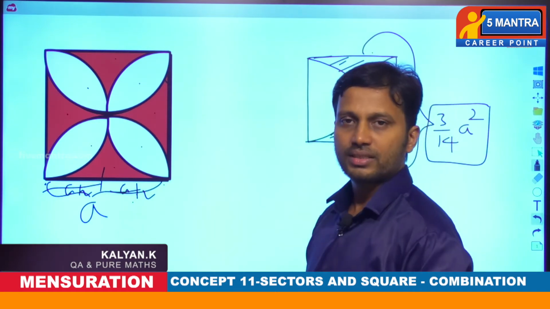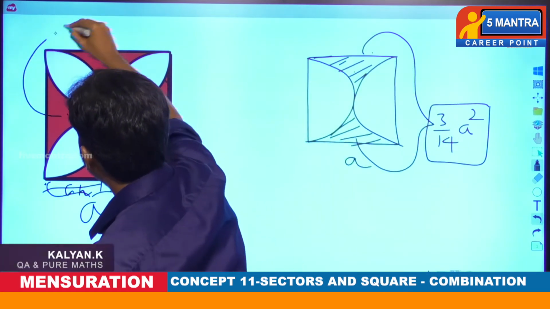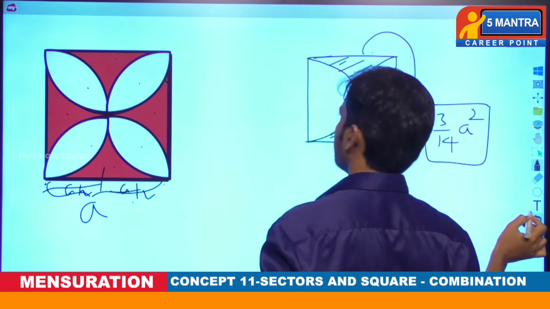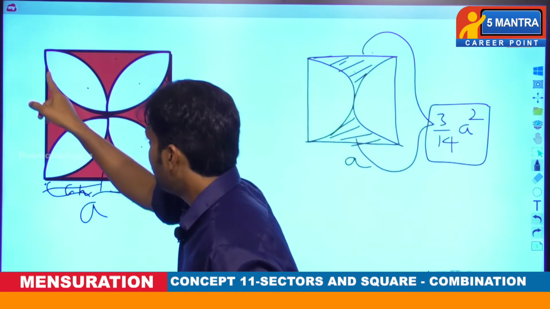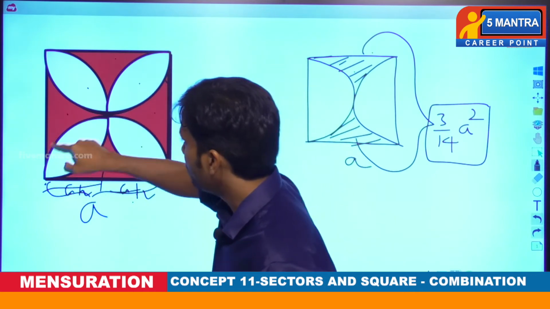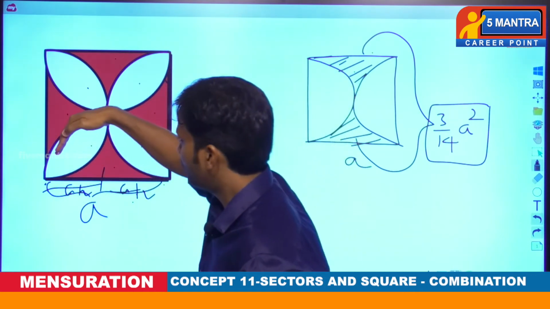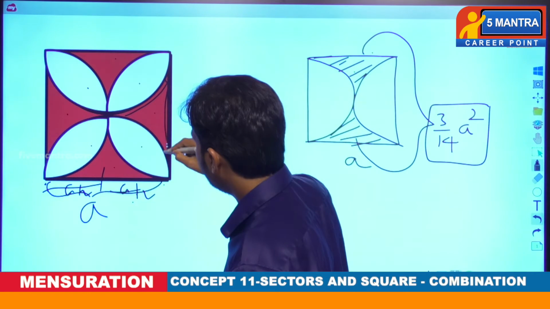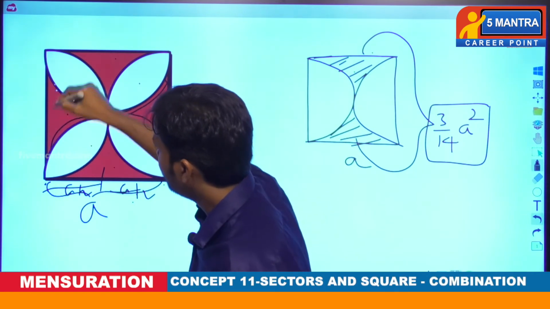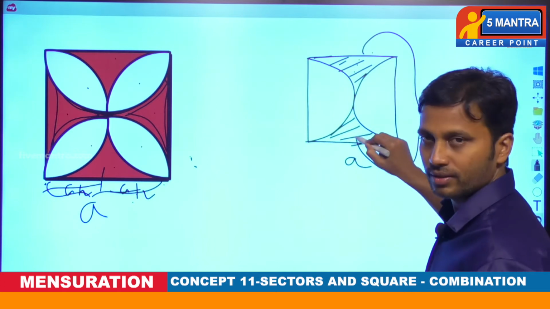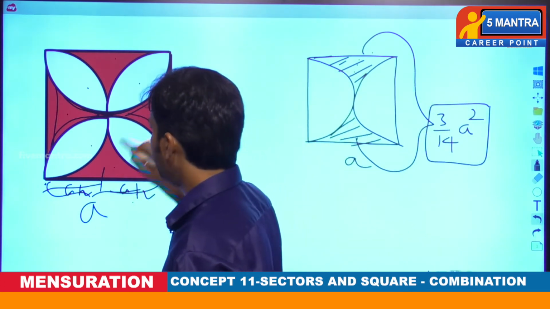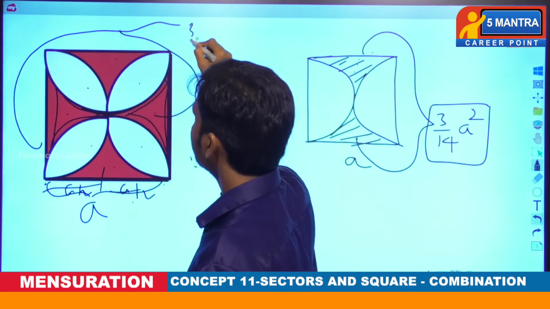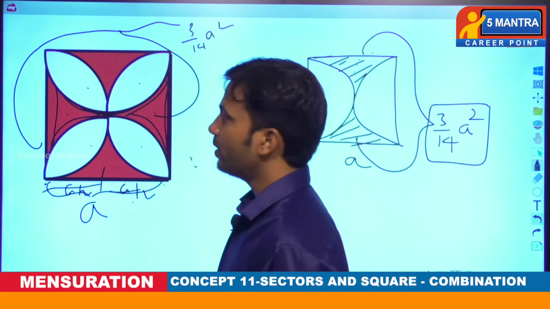According to this analysis, just see here, these two are two semicircles, this one and this one. These two gaps are looking like this. Here A is a side, so this gap area would be how much? 3 by 14 A square.